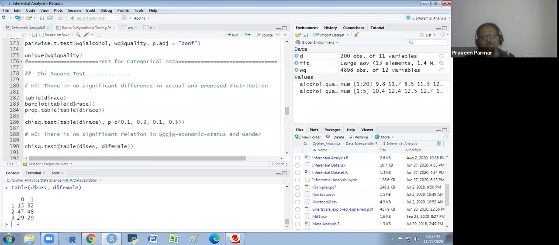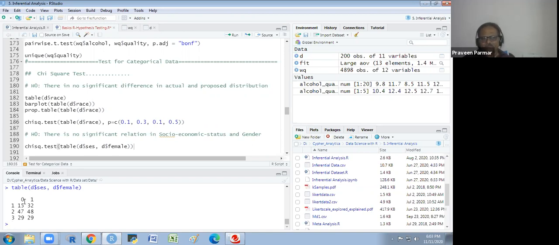We want to see whether the gender and the socioeconomic status are dependent or not dependent on each other. We want to see whether the girls are from the high SES or specifically from the medium SES, and the boys are from some particular SES.